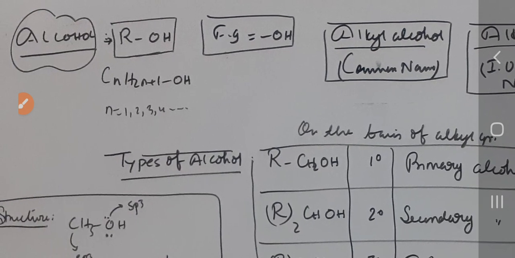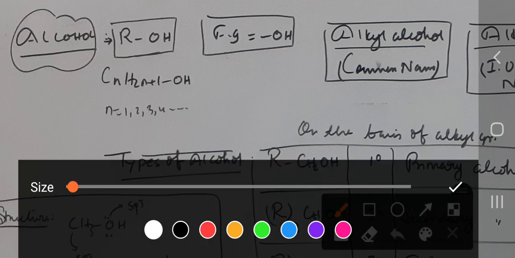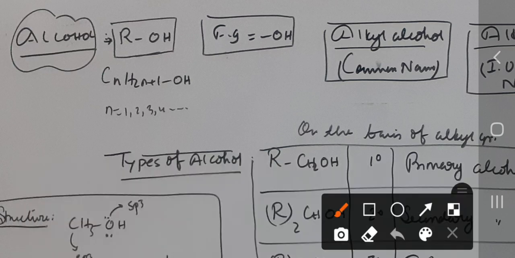First of all, you can see that alcohol is represented by R-OH, where R represents the alkyl group and OH is the functional group, and its general molecular formula, by which you can find out the molecular formula of each and every member of the alcohol family, is CnH2n+1-OH.